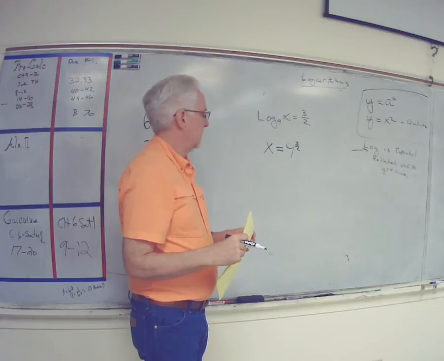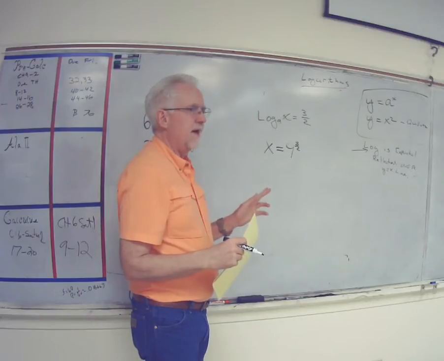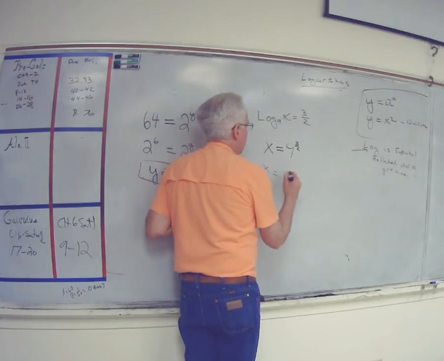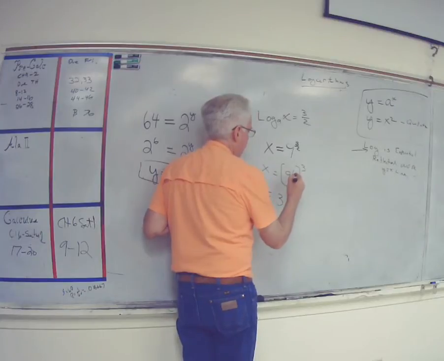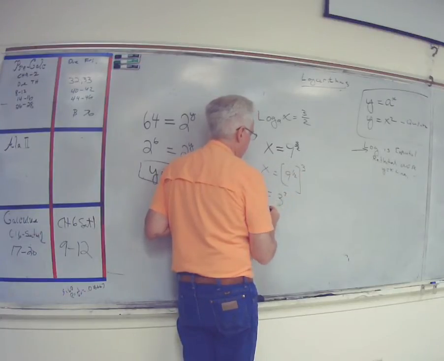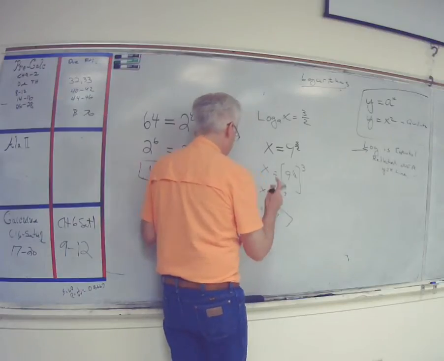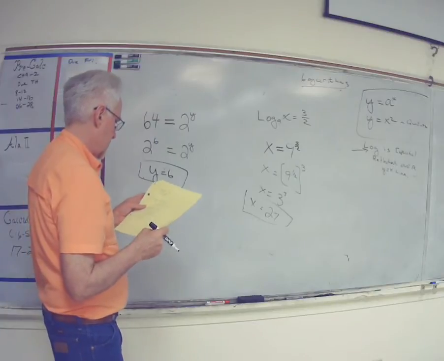X equals 9 to the 1/2 raised to the 3. Okay, and 9 to the 1/2 is 3. So x is equal to 3 raised to the 3, and that's equal to 27. So x equals 27. Does that make sense? Okay. All right.